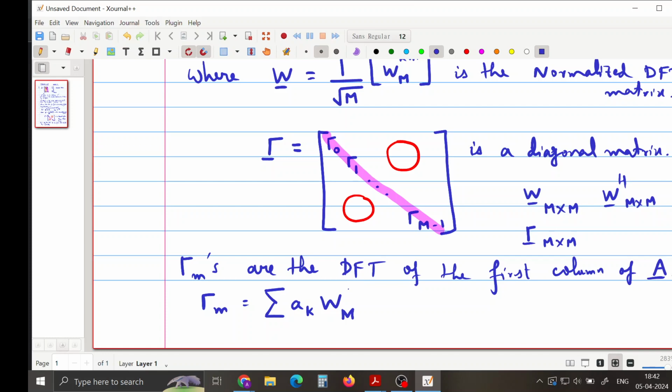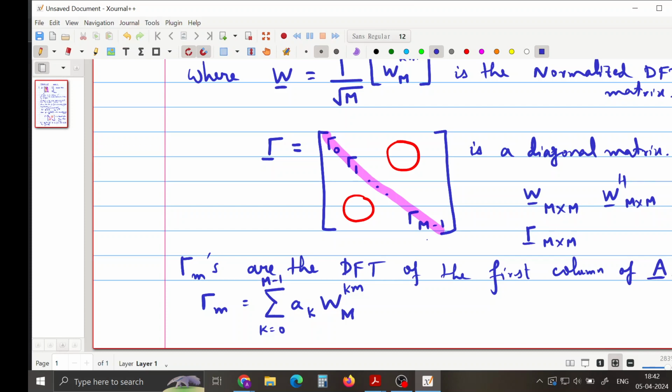So this can be written as follows, where k runs from 0 to m minus 1, because there are m such terms, right? I think I have written it correctly. Should it be AM or should it be AK? I think AK only. You can verify it later.